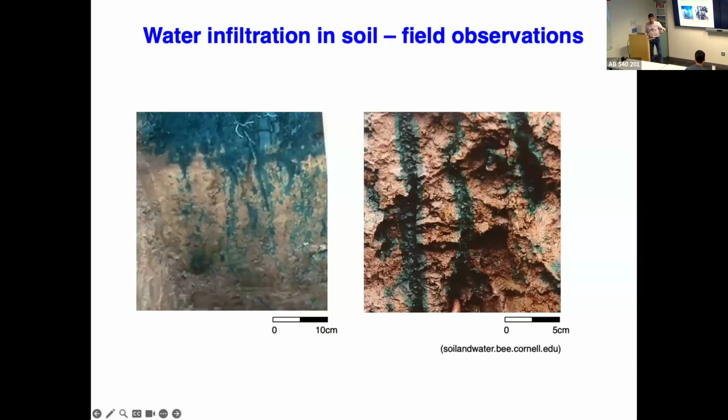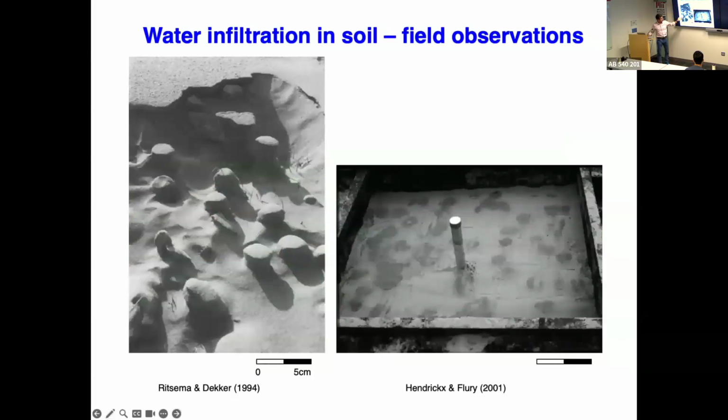And you go to the field and you observe immediately some of these columnar infiltration patterns, where you don't see any obvious heterogeneity or any obvious channel that is responsible for channelizing that water that is infiltrating, right? But you do see it.